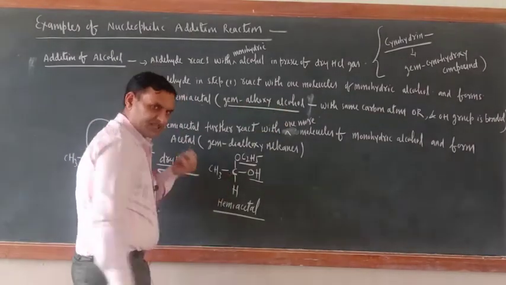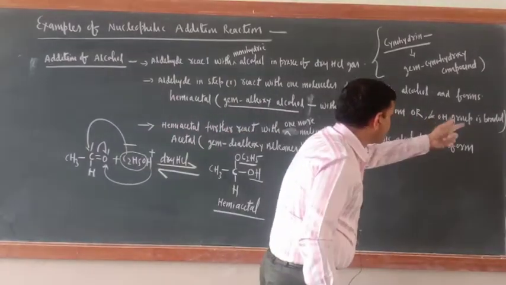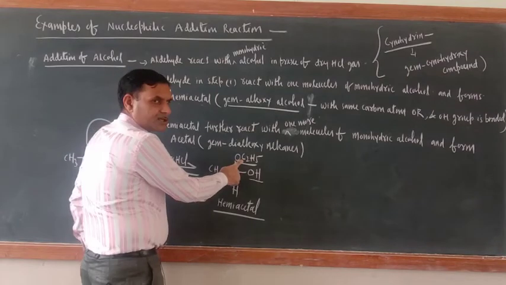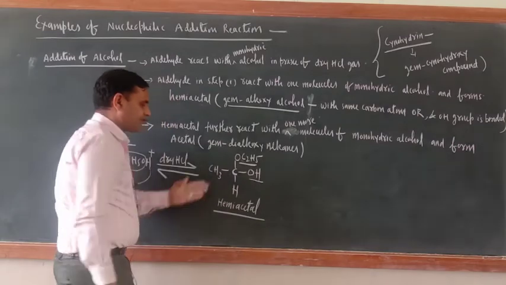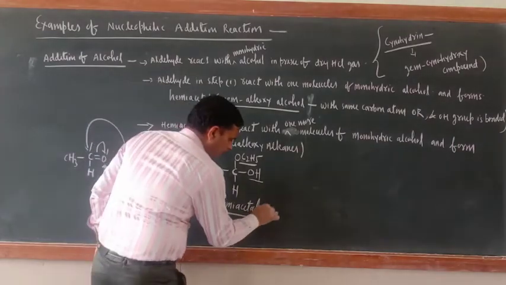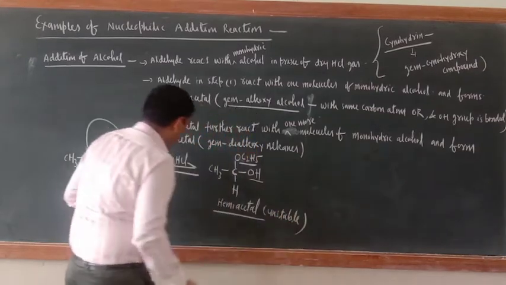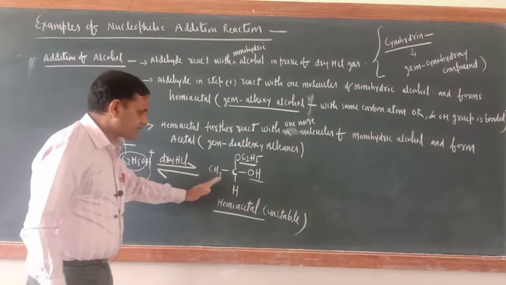With the same carbon atom, OR and OH groups are bonded. OR is an alkoxy group, ethoxy, and OH. So this is hemiacetal and this is an unstable compound. So with one molecule of monohydric alcohol, acetaldehyde gives hemiacetal.